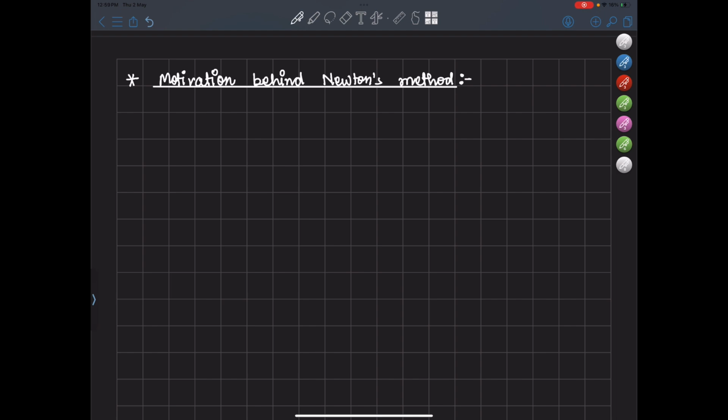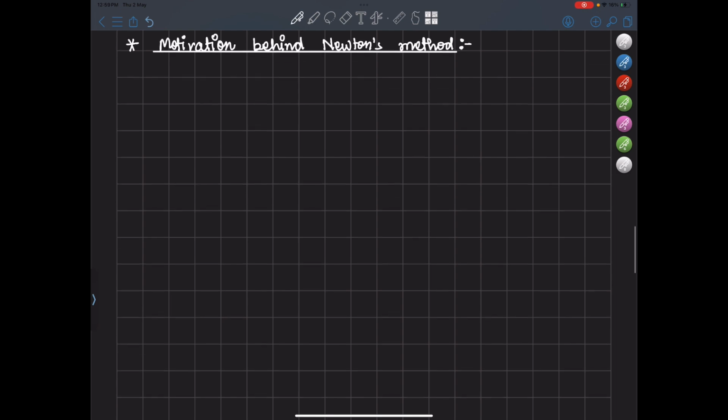So what could be the motivation? Let's say we have a function which is continuously differentiable, and we want to minimize it over the whole of R^n. So this is the problem, let's say.